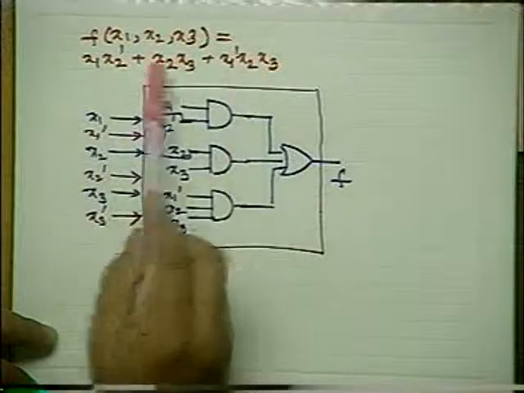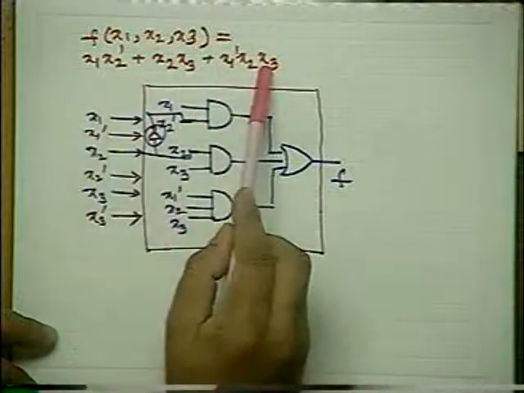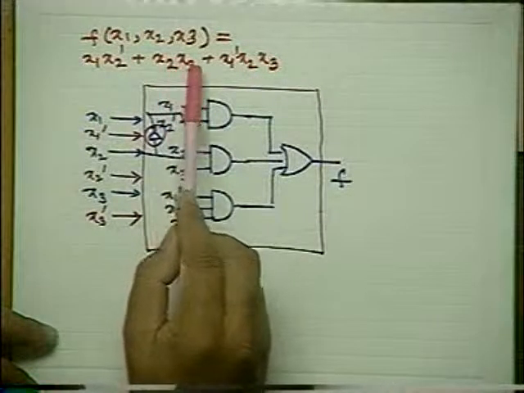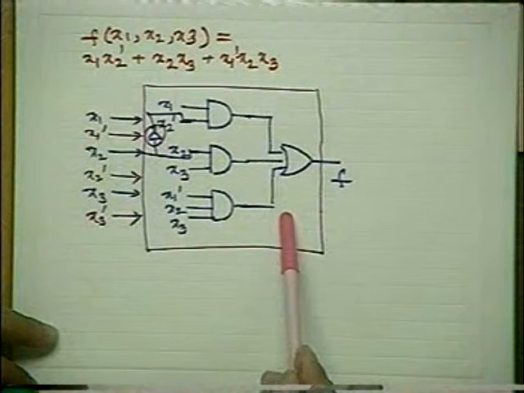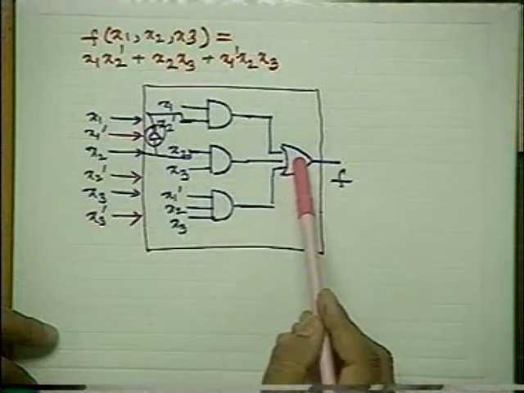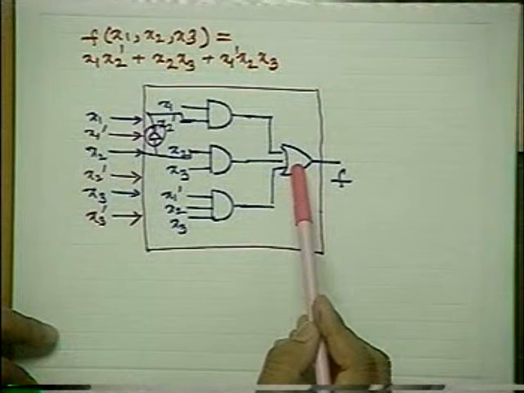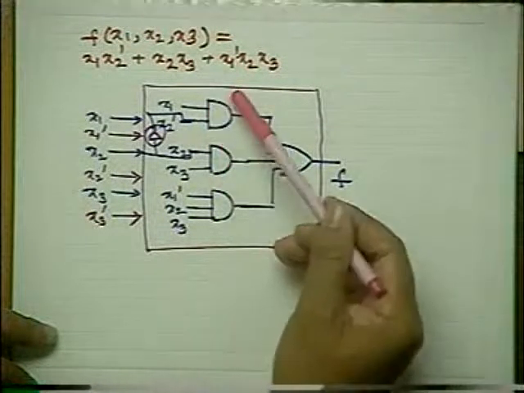Essentially it is a switching expression in the sum of product form, and that realization turns out to be a two-level realization with an OR gate over here at the first level and a set of AND gates at the second level.